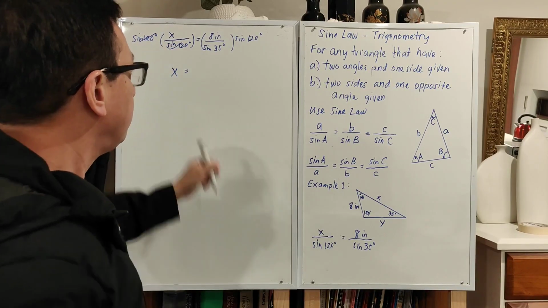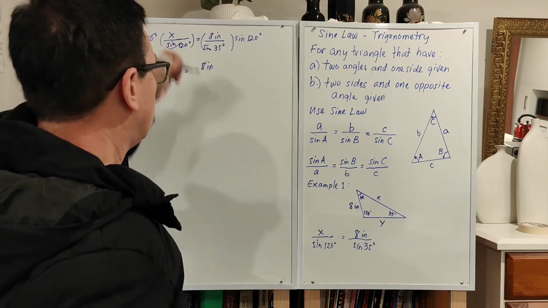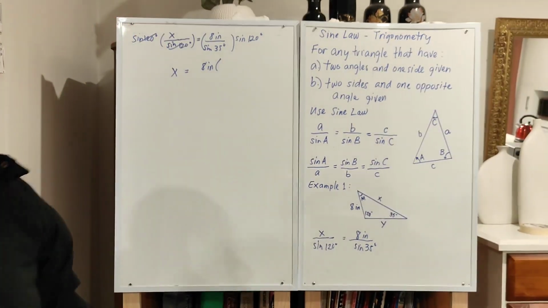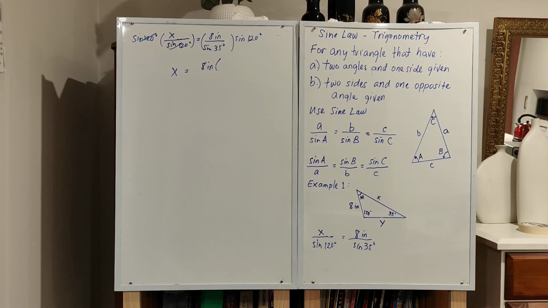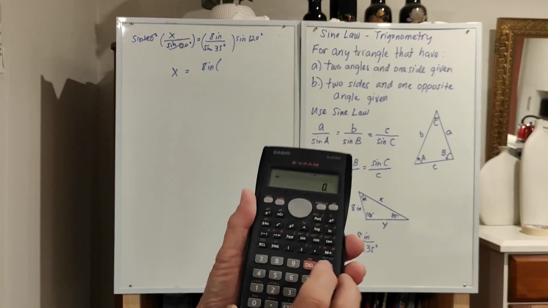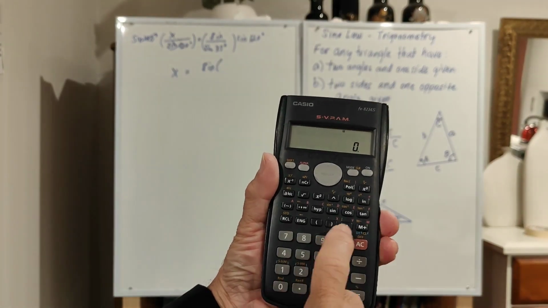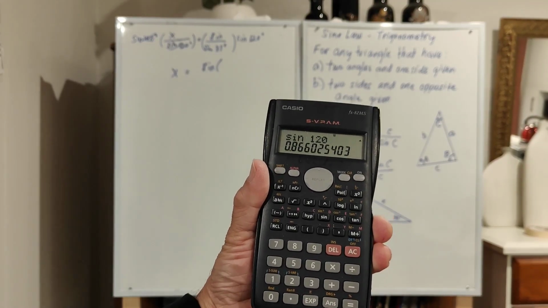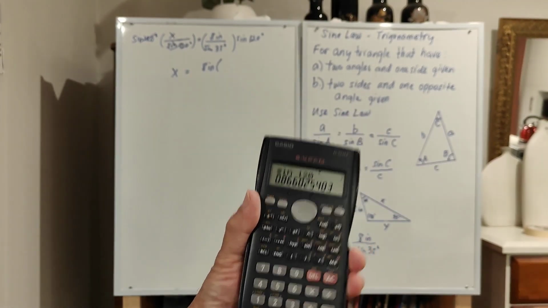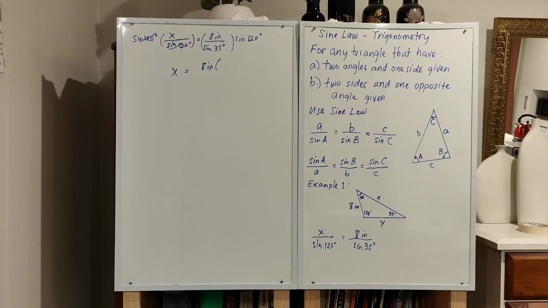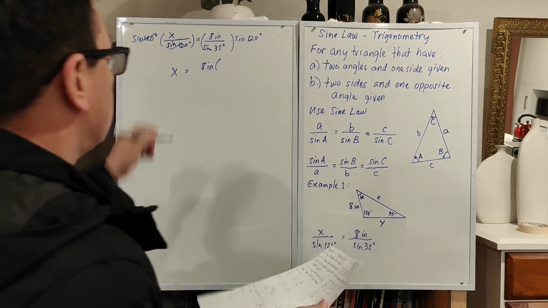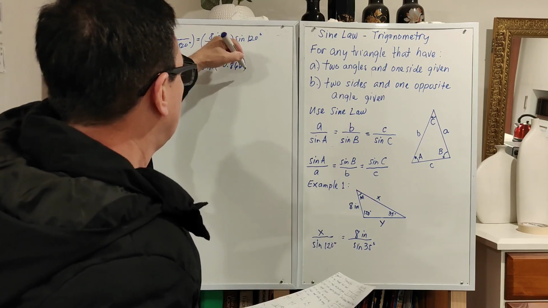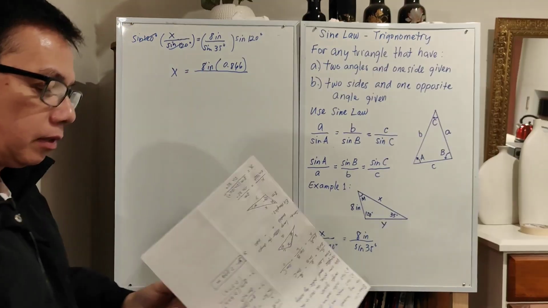x is equal to 8 inches times sine of 120 degrees, divided by sine of 35 degrees. We get a calculator to solve for sine of 120 degrees. So we put sine 120 degrees equals, it's 0.866 in decimal.